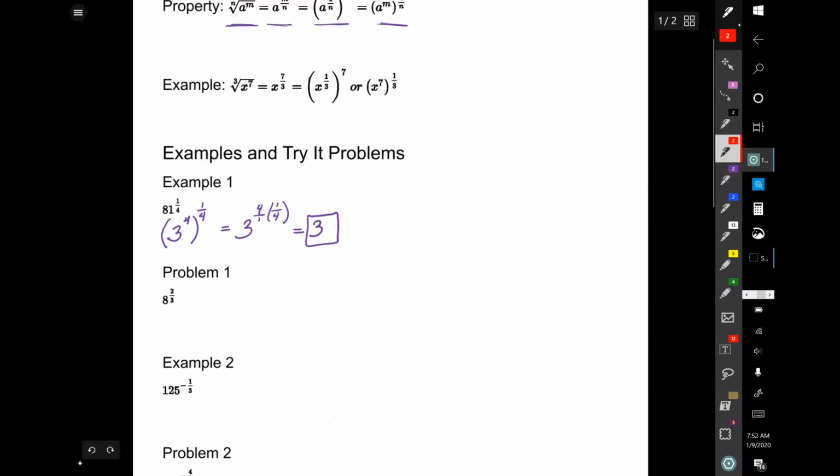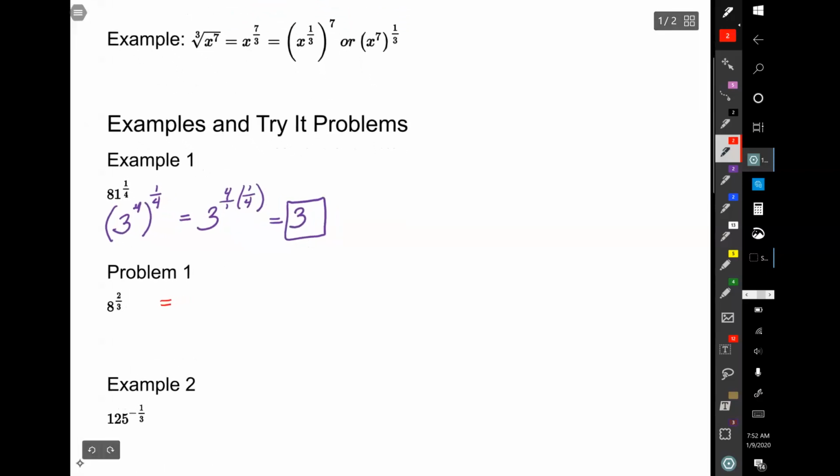Sorry about that. So we have 8 to the 2/3. Hopefully you've tried this on your own, but that would be equivalent to 8 to the 1/3, squared. So we're just kind of working in reverse, splitting that fraction up.